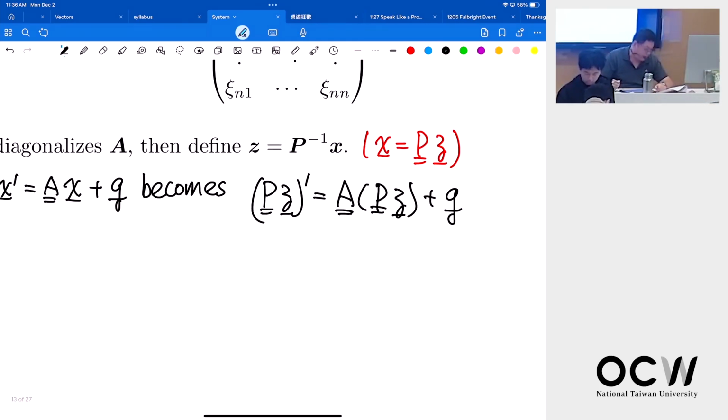P is a matrix, so P stays the same, but z becomes z prime equals A P z plus g.